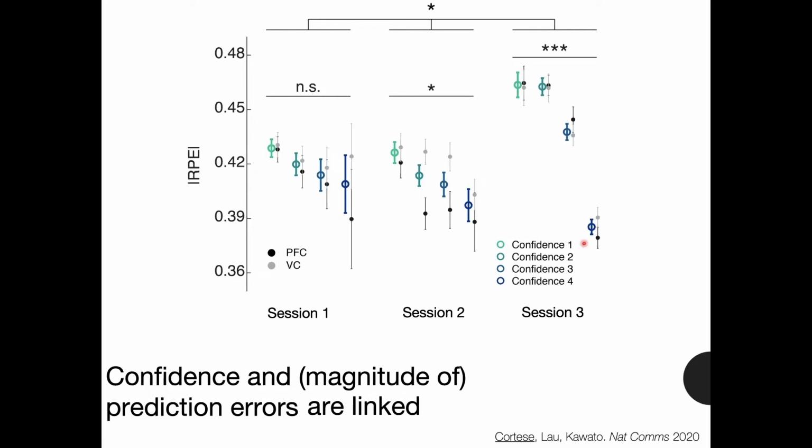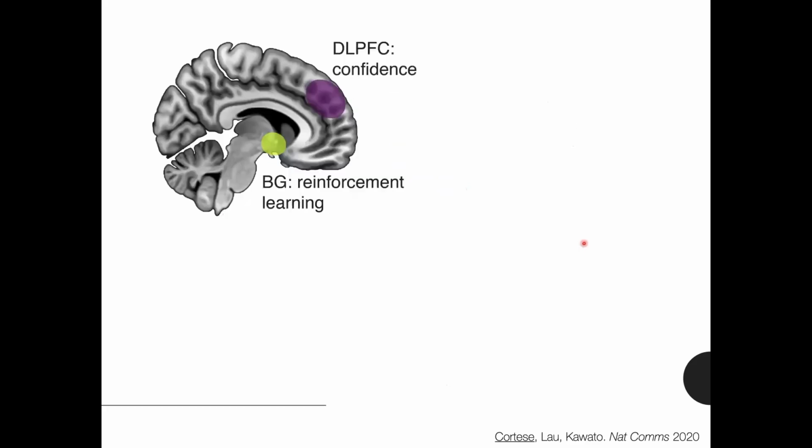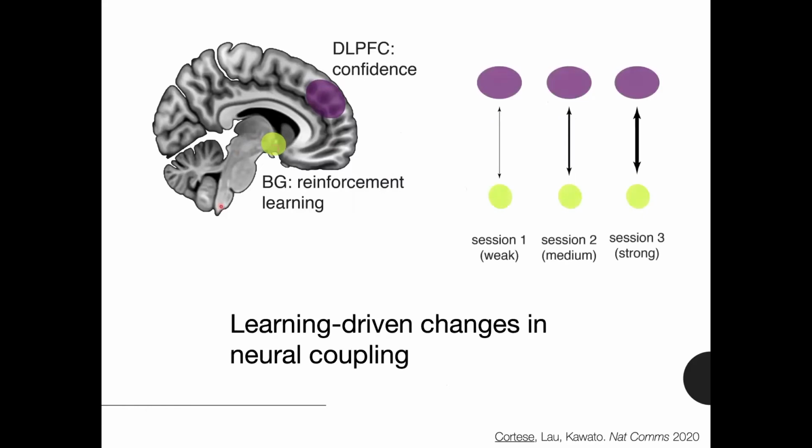There's a clear relation between the two. Now we can see whether the decoders trained on activity patterns that resemble confidence in the DLPFC and activity patterns related to those prediction errors in the basal ganglia also become associated with learning. And we can see the exact same pattern: learning-driven changes in this neural coupling.